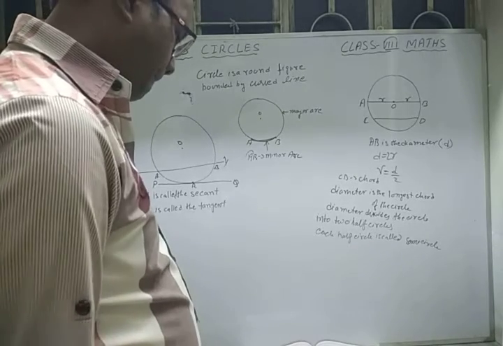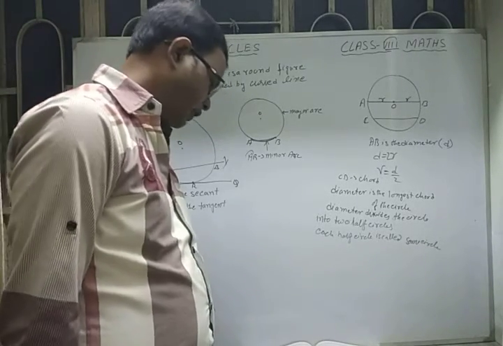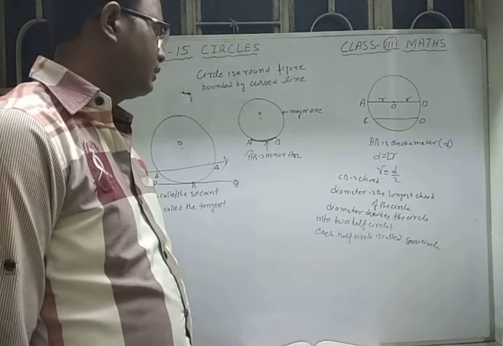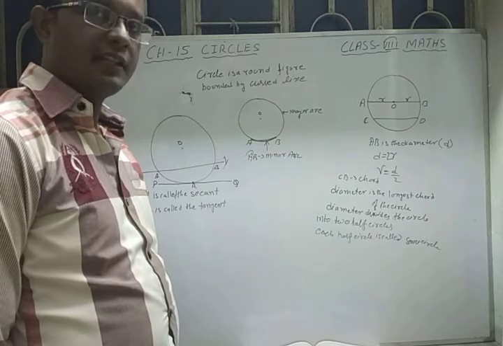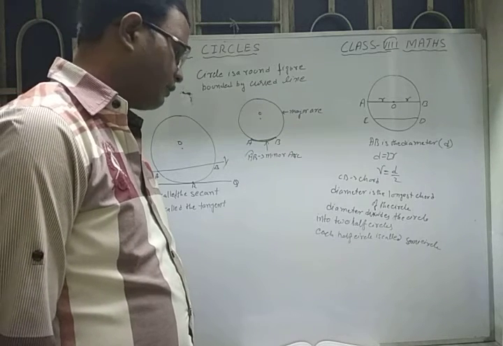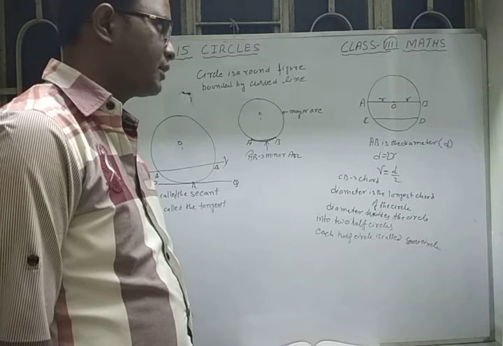So I have discussed the arcs, circumference, semicircle, minor arc, minor sector, major sector, minor segment, major segment, center, chord, and the relation between radius and diameter. Diameter is the longest chord of a circle.